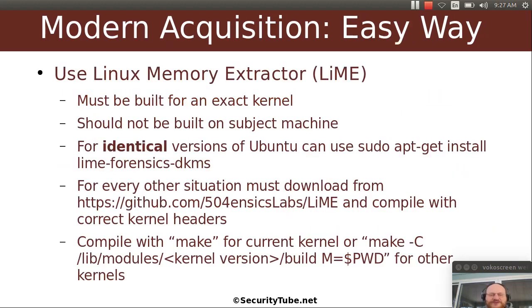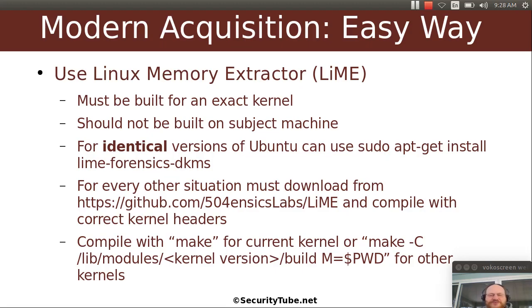The preferred way to get memory is to use LiME, the Linux Memory Extractor tool. Now, some things you need to know about LiME. It's a great tool, but it must be built for the exact same kernel.